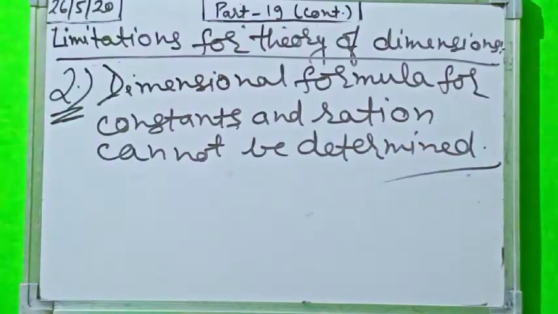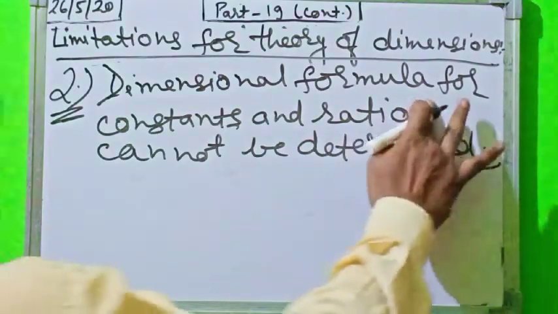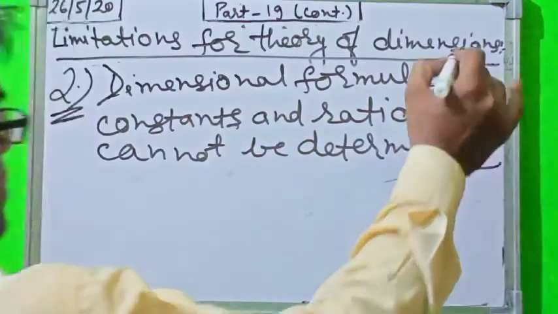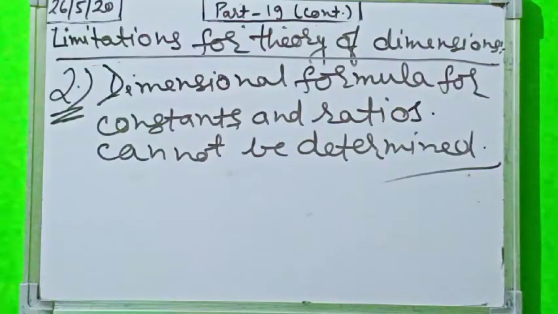Dimensional formula for constants and ratios cannot be determined.